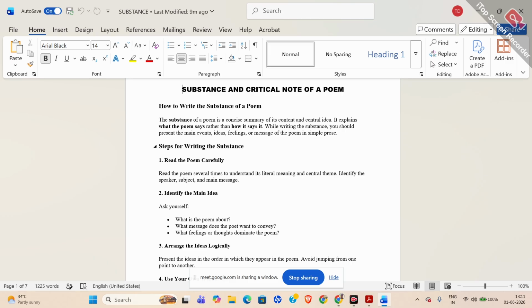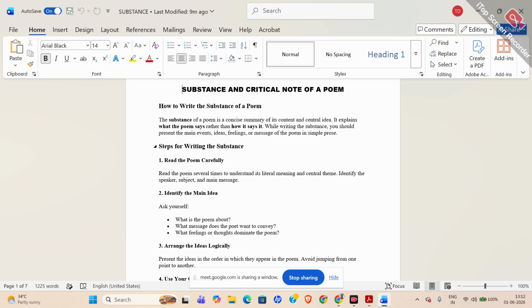those golden daffodils. So while writing the substance, you should present the main events, ideas, feelings, or message of the poem in simple prose. So that is the thing. So you are asked to write the substance of a particular poem. What should you do? You should look at the poem.